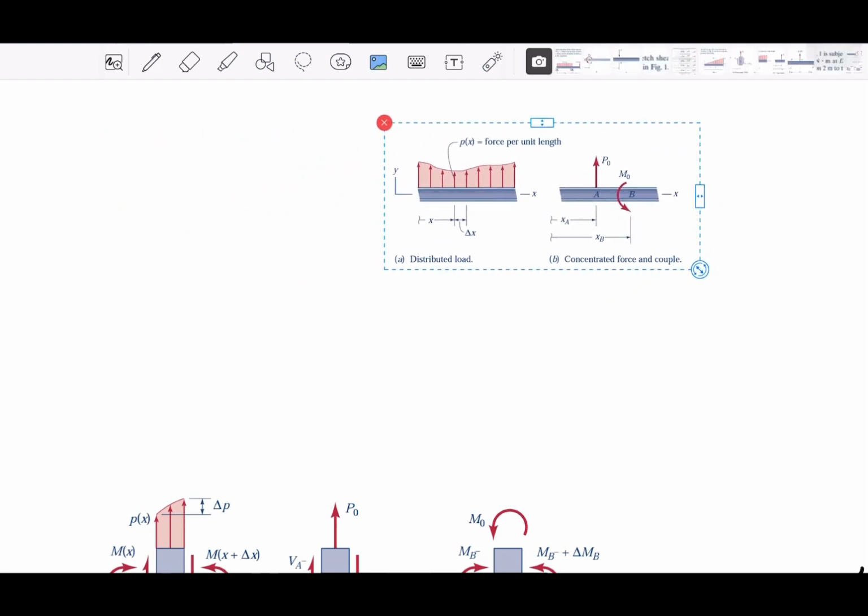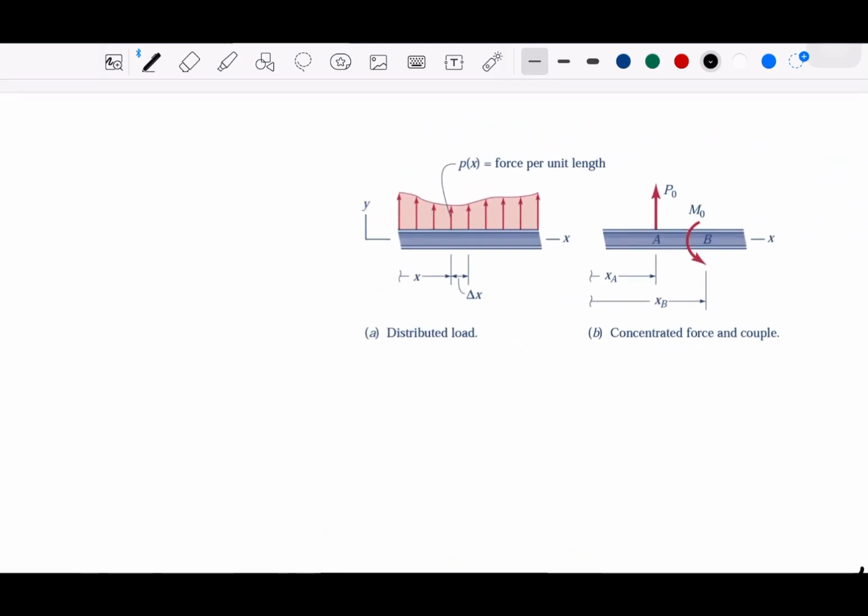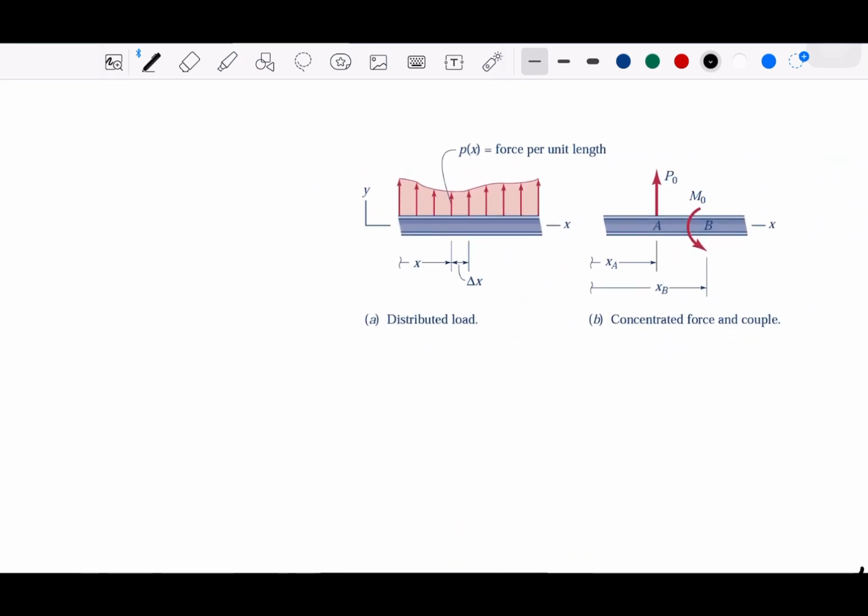This is more like still a little bit of introduction, especially for the sign conventions for the external loads. So this will be a positive sign, right?